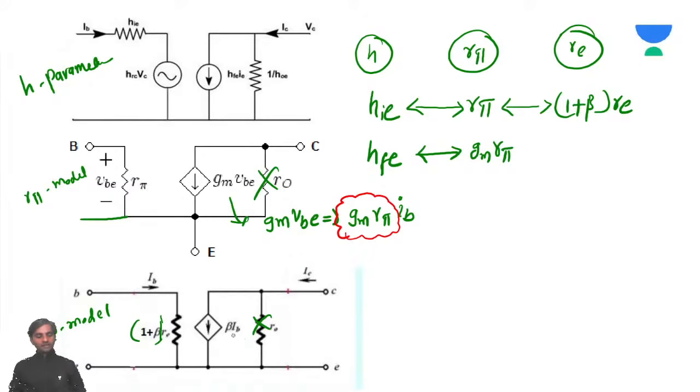What is there for RE? For the emitter, what is the RE model? Simply compare again. HFE into IB, this is HFE IB, and here I have GM into RPi into IB. Here it is beta into IB. You can write this simply as beta, or not.